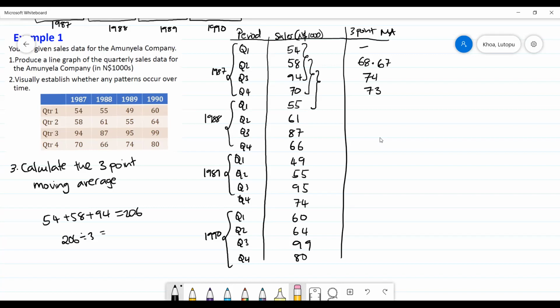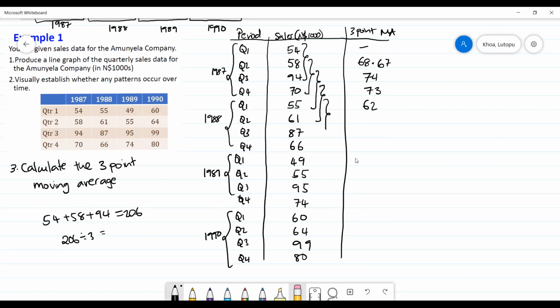Okay, and then you would proceed until you get all the moving point averages. So let's do the next one. We have 70 plus 55 plus 61. This is 186, and 186 divided by 3, this is 62.